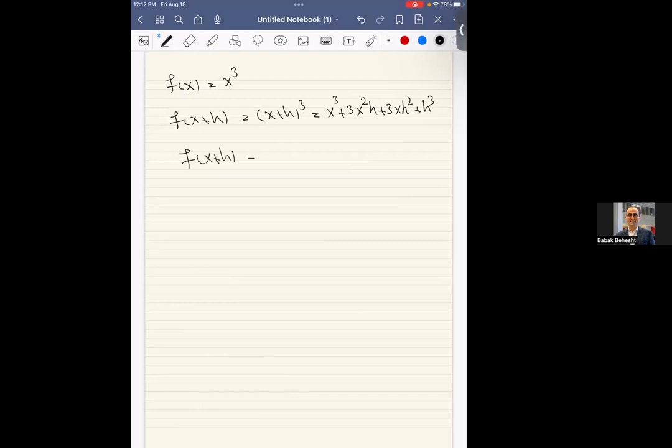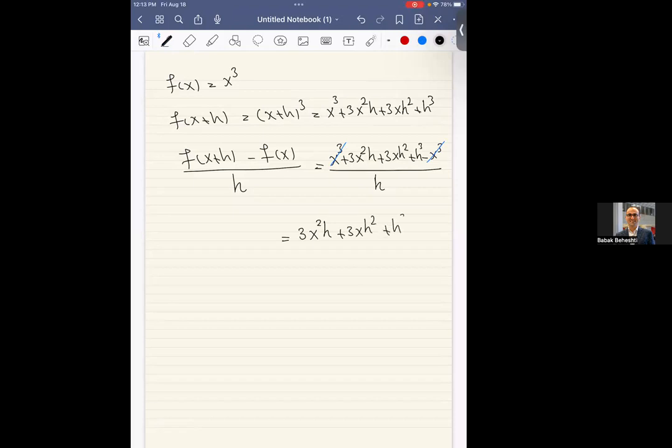So f of x plus h minus f of x over h, when you simplify, you get 3x squared plus 3xh plus h squared.